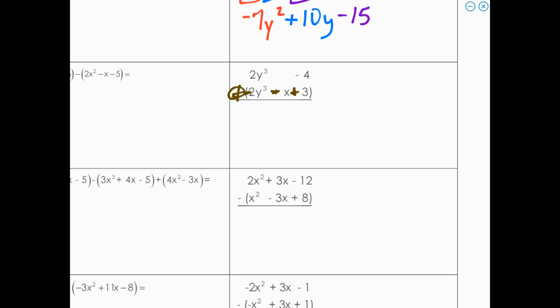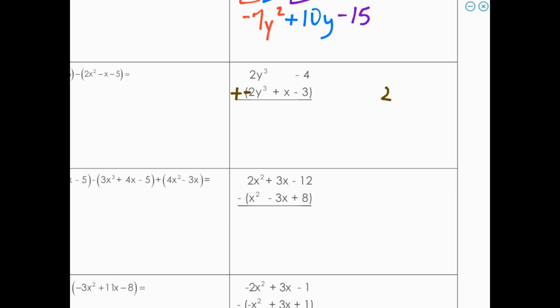The reason this happens, let me erase that for a second. If I did 2y cubed minus 2y cubed, is that not the same thing as adding a negative 2y cubed? Yeah, it is, right?